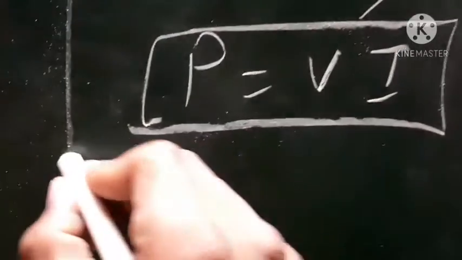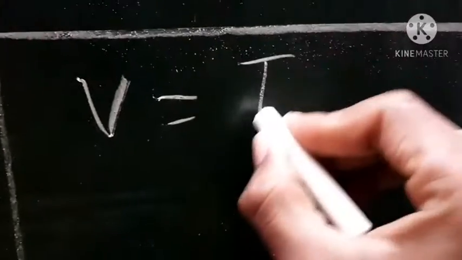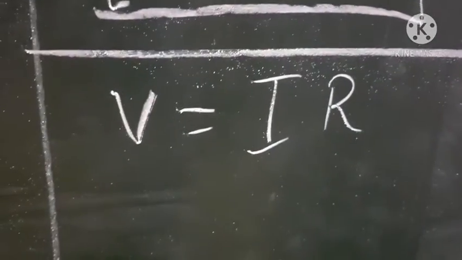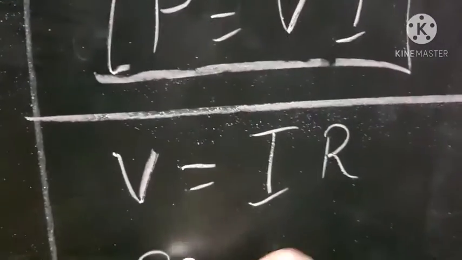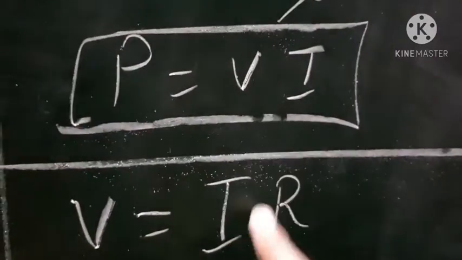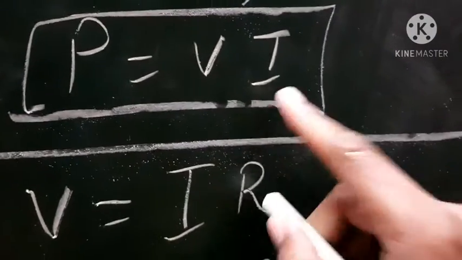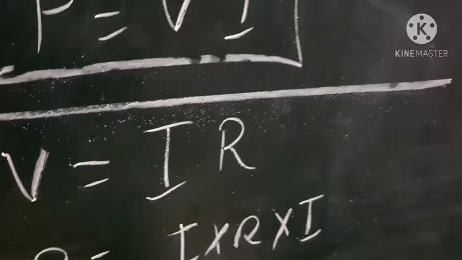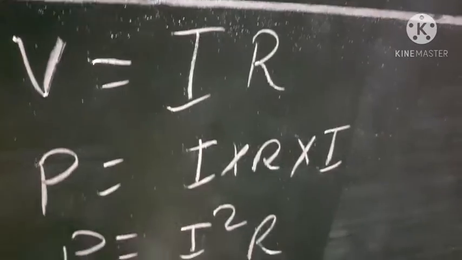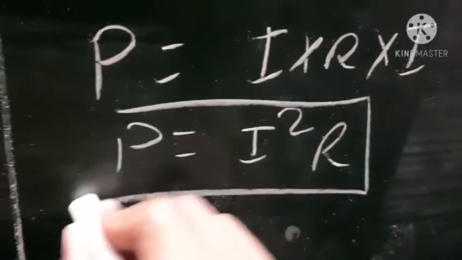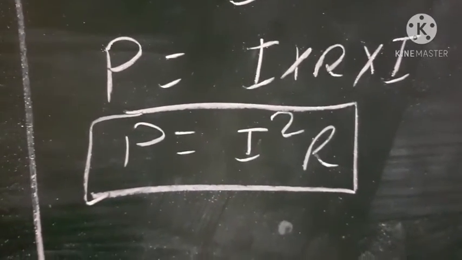Now, as we know, potential difference V is also equal to I into R from Ohm's law. On putting this value in this equation, the power will be V into I, V means I into R, and I is already present. So power is equal to I square R. This is the third formula for calculating power.